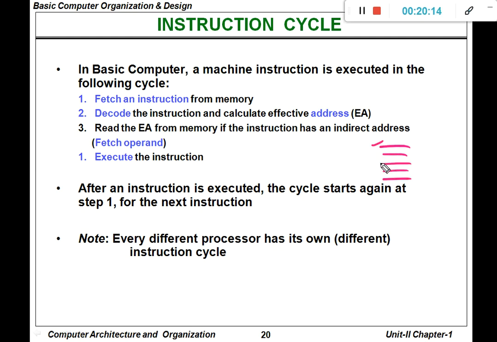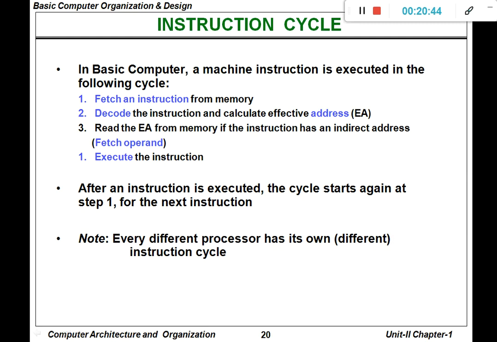Initially, the first instruction will be executed, then second instruction, third instruction, fourth instruction, fifth instruction, unless there is an alteration. What is that particular alteration? Either we may encounter a control statement or we may encounter a function. Then only the sequential execution will be altered. Otherwise it will be executed in a sequential fashion.